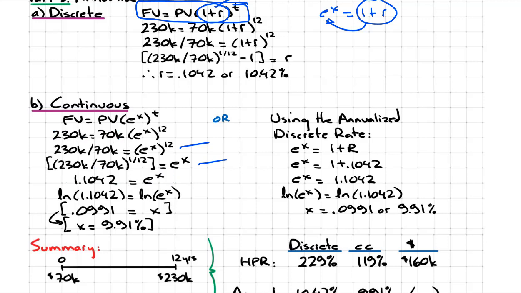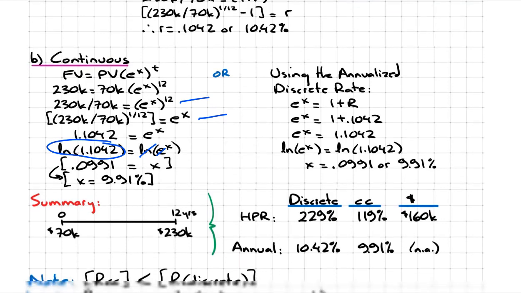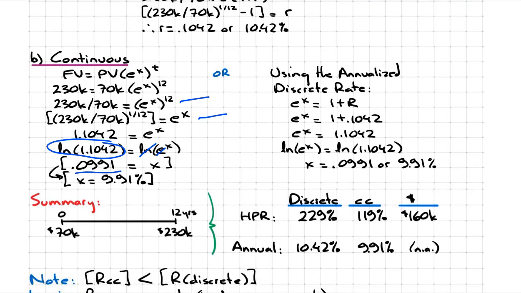The ln and the e cancel out, and then you just have to find the ln of 1.1042, which works out to 0.0991, and then we convert that into percent, and that works out to 9.91% continuously compounding. The other approach we can use is just annualizing the discrete rate.